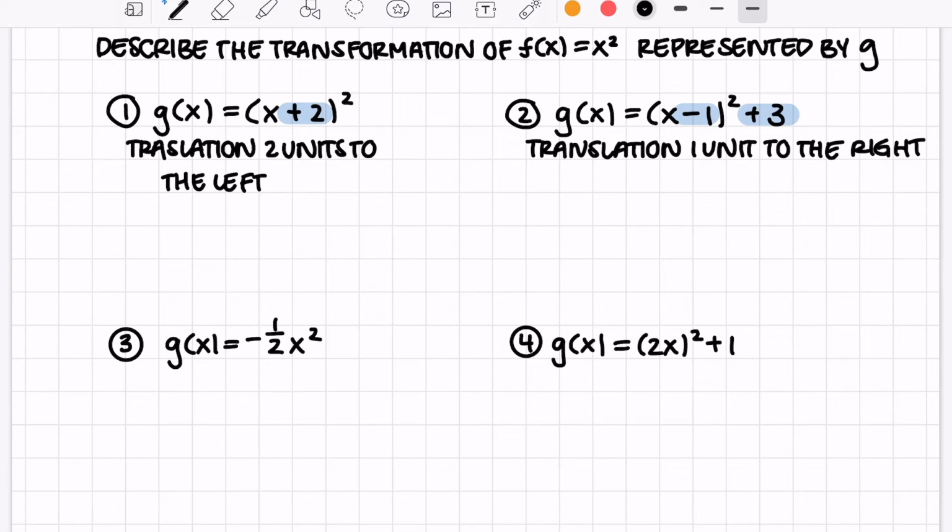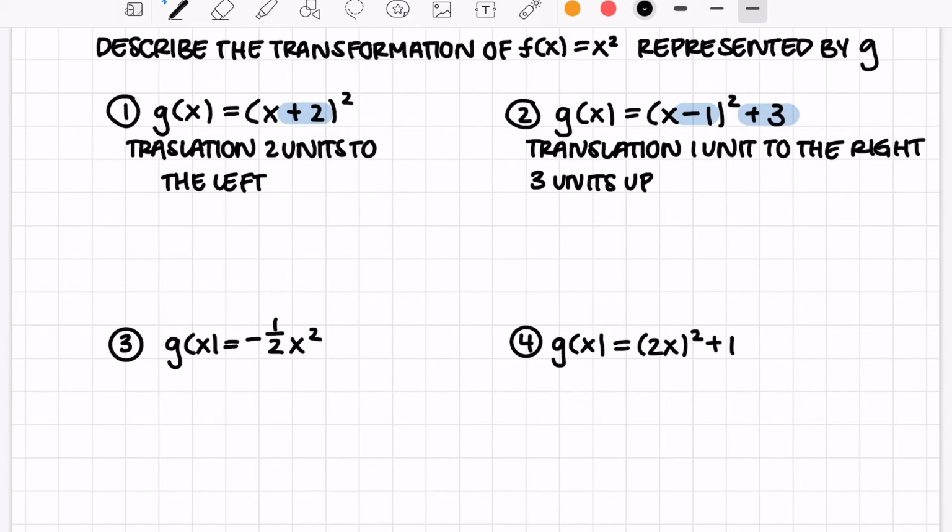And then we also have a number on the outside of our function, which means that we are also going up 3 units. So 3 units up as well.